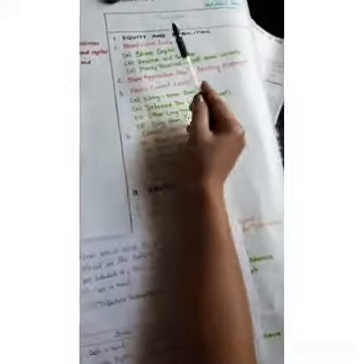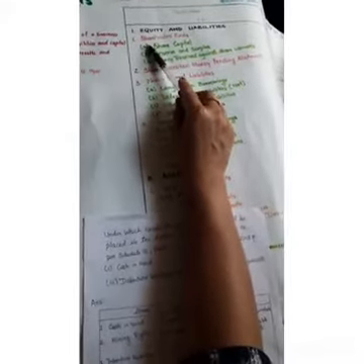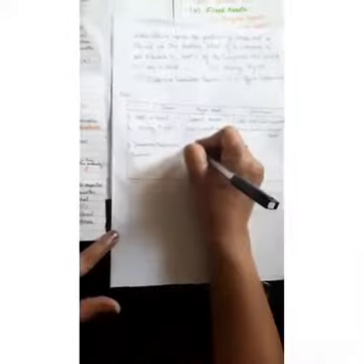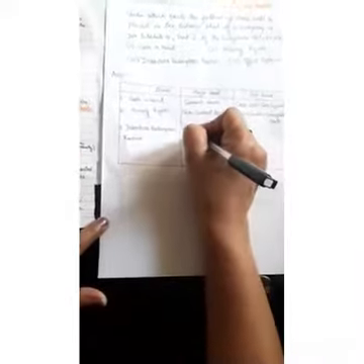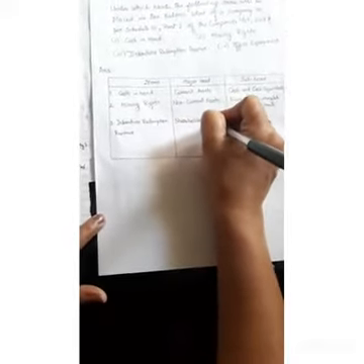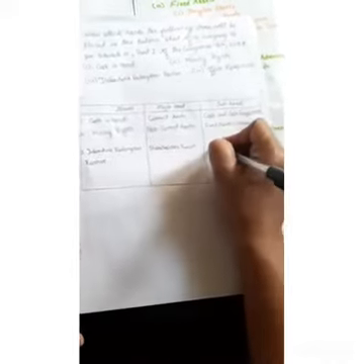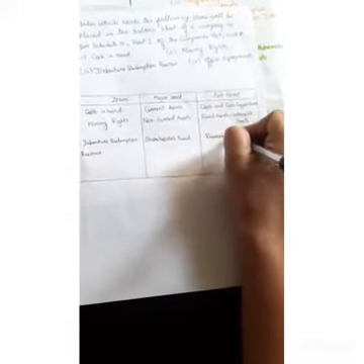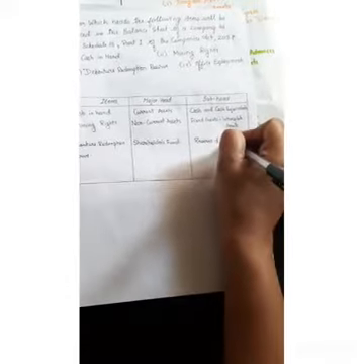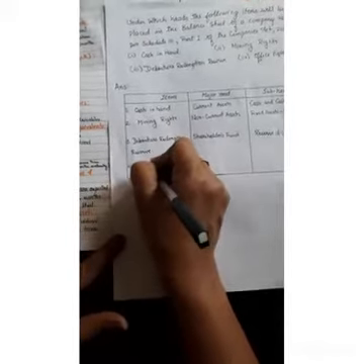Debenture redemption reserve should go with the major head shareholders fund. So let us write here shareholders fund, and the subhead is reserve and surplus.